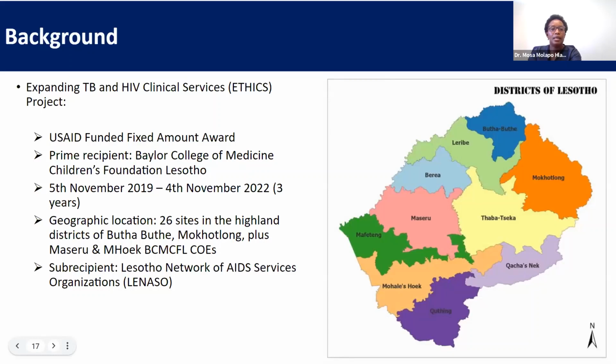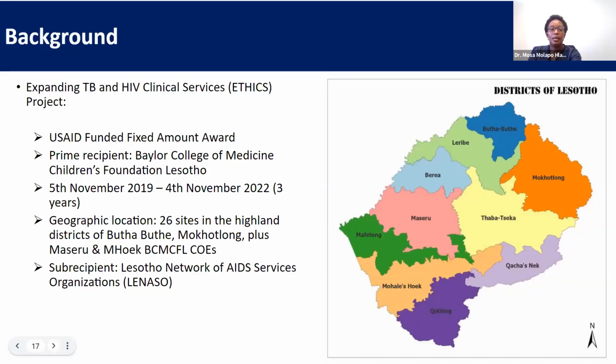The biggest one is the Karabo ya Bophelo program, which is OVC and DREAMS, offering OVC and DREAMS services in the country. And then we have, for this discussion, the Expanding TB and HIV Clinical Services, or Ethics project. It's a USAID funded fixed amount award. And as I said, we are the prime recipient for this one.